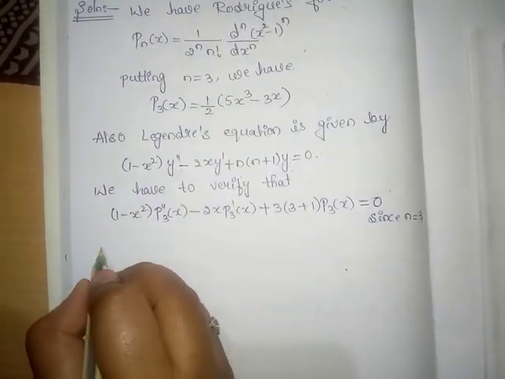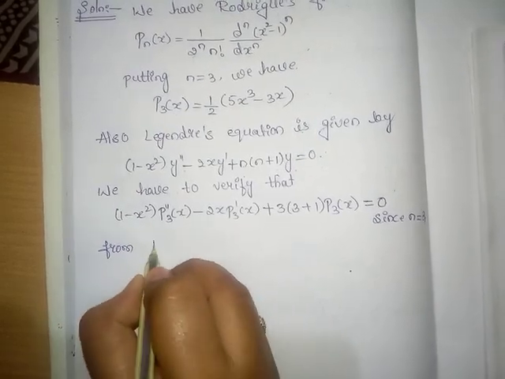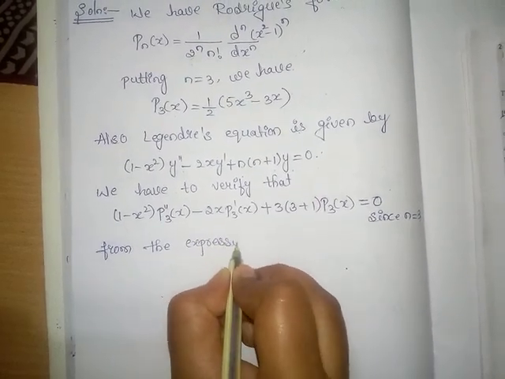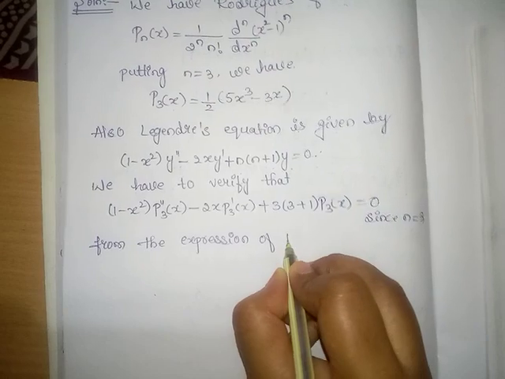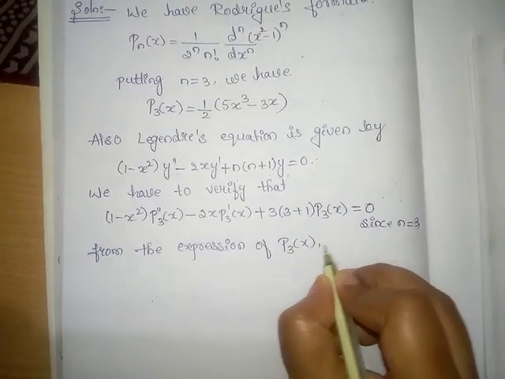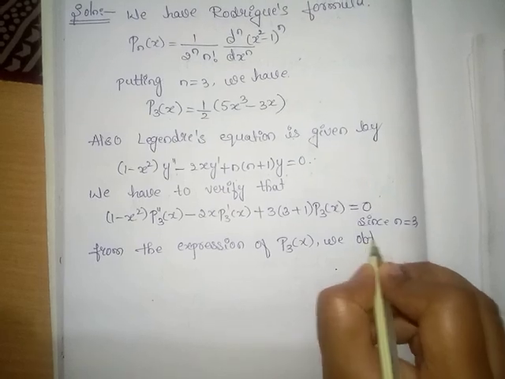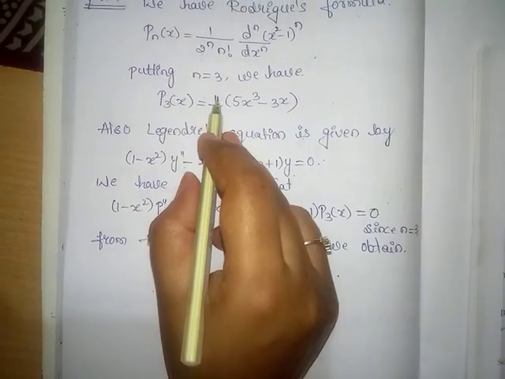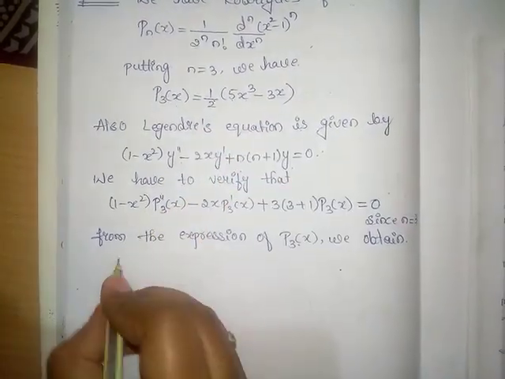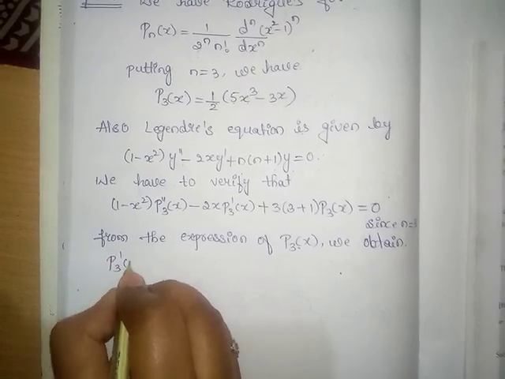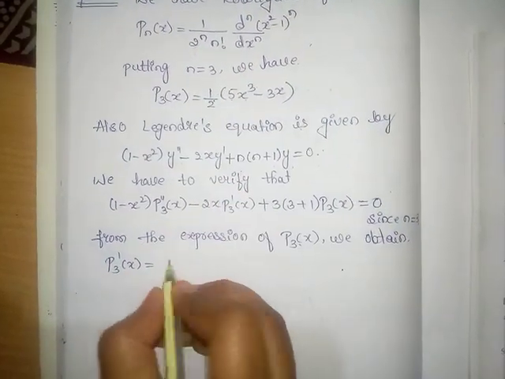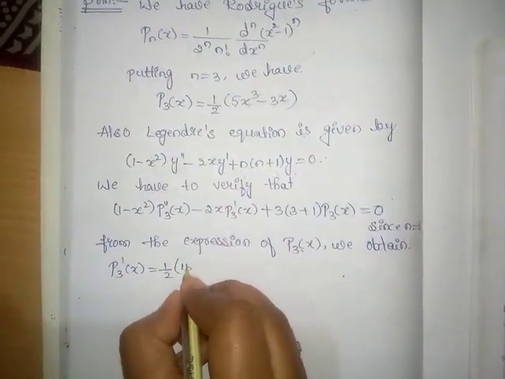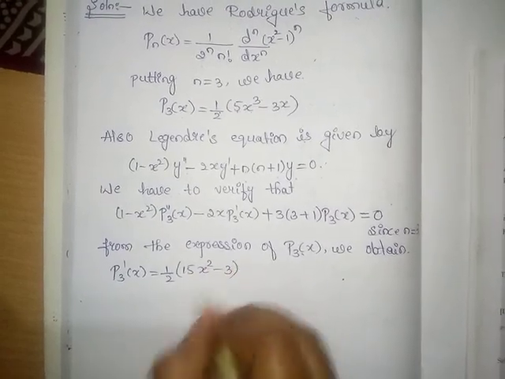From the expression of P3 of x, we obtain P3 of x is half into 5x cube minus 3x. Therefore, P3 dash of x: just differentiate this once. We get half as it is, 5 3s are 15x square minus 3.